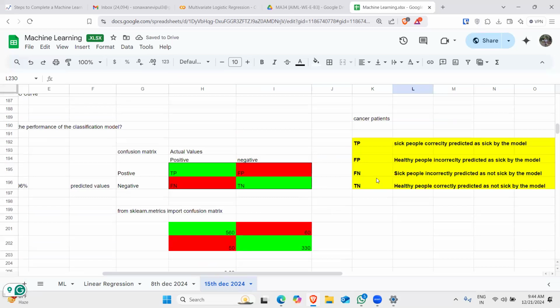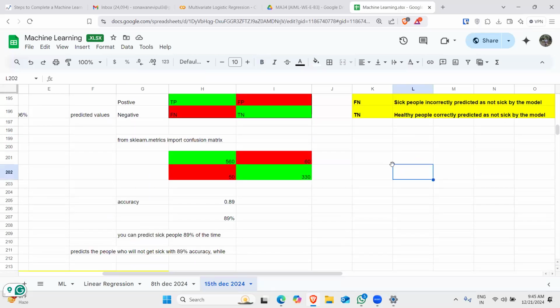Let's say it is fine for me if I just raise a false alarm. It means people who were healthy, but we incorrectly predicted them as sick. Right? We incorrectly predict them as sick. So that is fine for me.